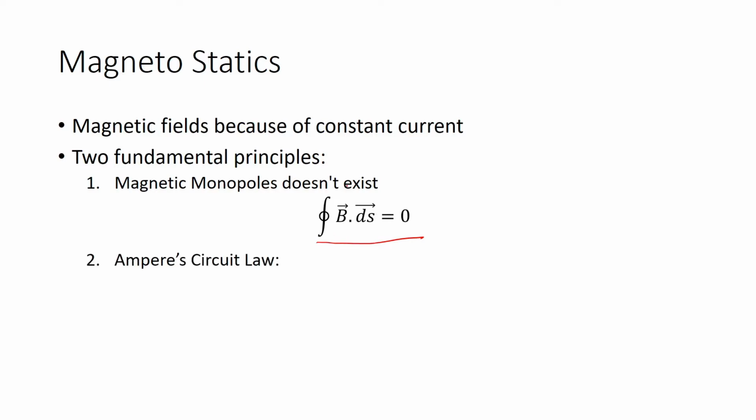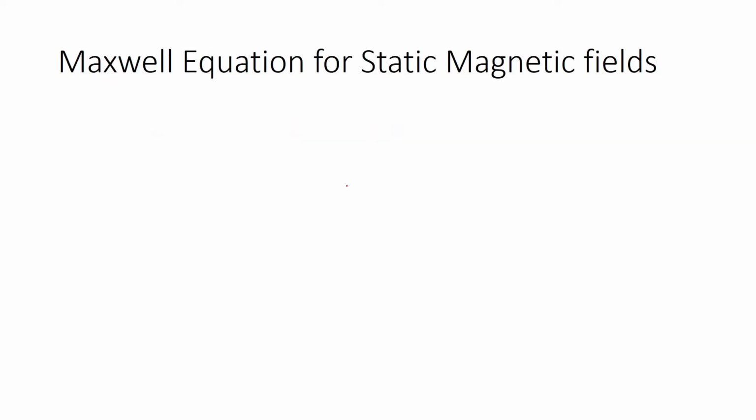The second principle is the Ampere circuit law, which states that the circulation of magnetic field intensity over a closed path is equal to the current enclosed by that path. That is, the integral of H bar dot dl bar is equal to I enclosed. Again, for static magnetic fields, these two are Maxwell's equations in integral form.